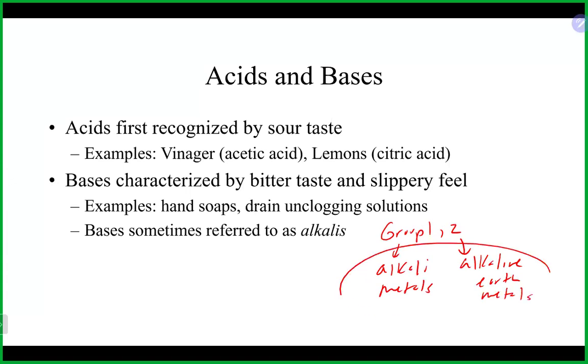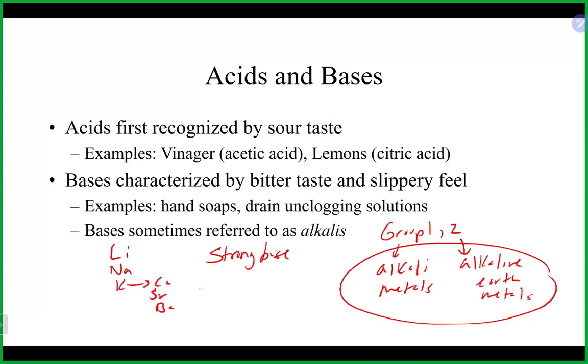If you hook any of those guys up with hydroxide, that's where a lot of our strong bases come from: lithium, sodium, potassium, calcium, strontium, and barium. Hence the name of group 1 and group 2. Basically, those two names refer to it as being bases. So if somebody says you want to make it alkaline, that usually means you want to make it basic.